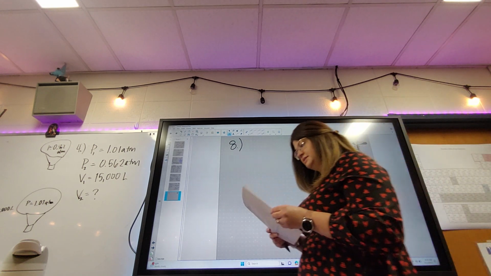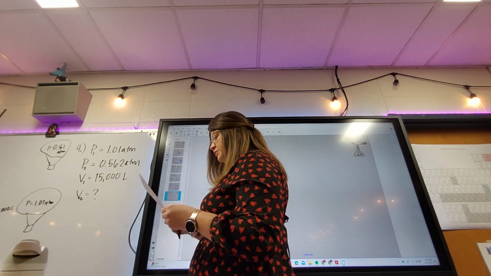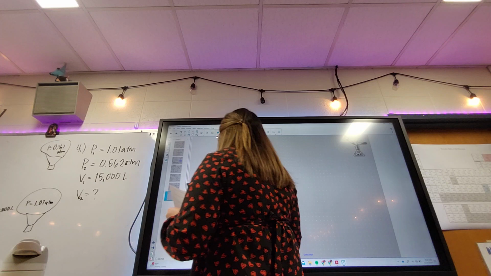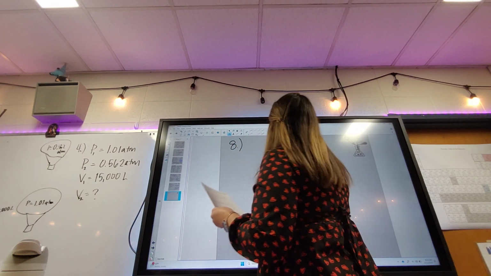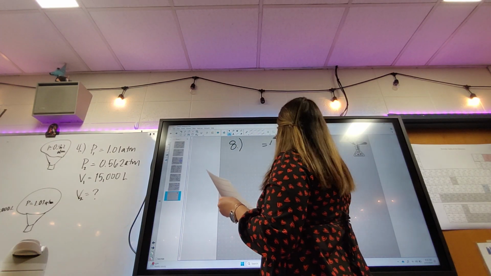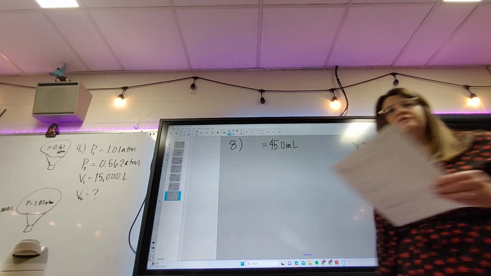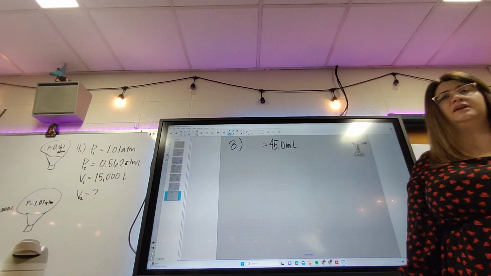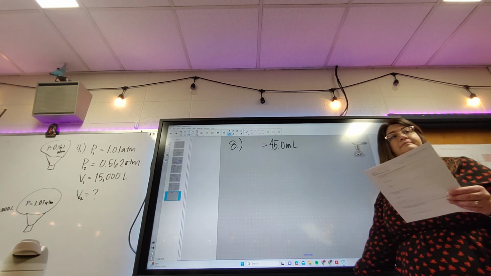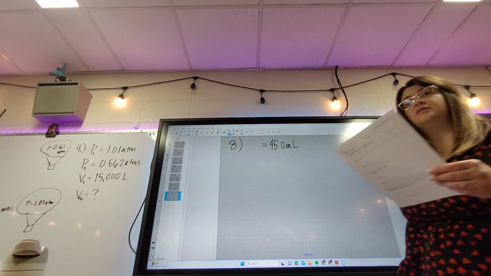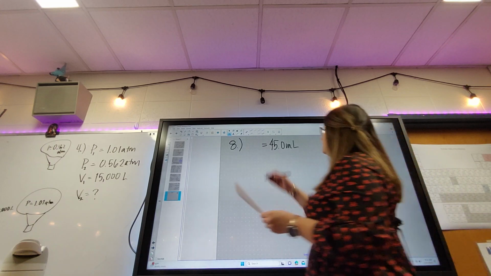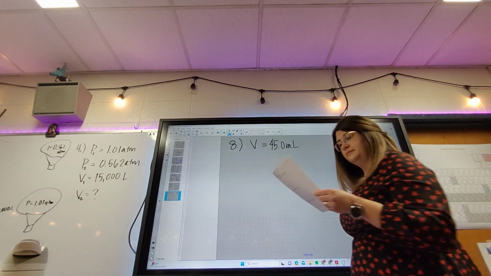Okay, so number 8 says if a 45 milliliter sample of gas, okay, so I see 45.0 milliliters. And when I see a number, I like to write it down. Which one of the variables is this? Is it P, V, or T? What'd you say, Connor? V. It is V indeed. How do I know that?